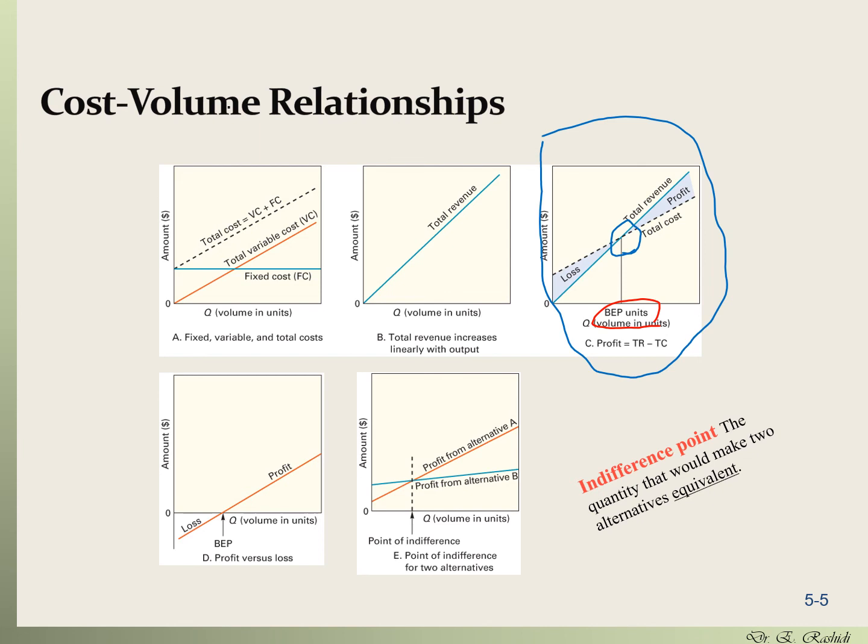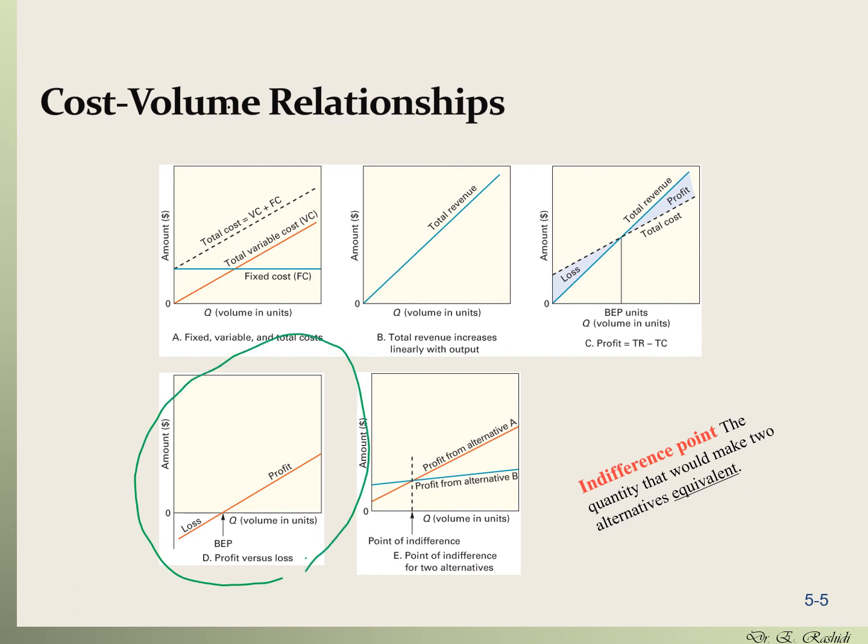If you produce and sell more than this, you're going to make money. That's on the right-hand side of this. You're going to make profit. If you produce and sell less than this, less than Q BEP, you're going to lose money. As you see here, it says loss. Here is profit. So this is the break-even point quantity. If you plot the total profit, the total revenue minus the total cost, as you see in the fourth chart right here, this is going to be the break-even point.